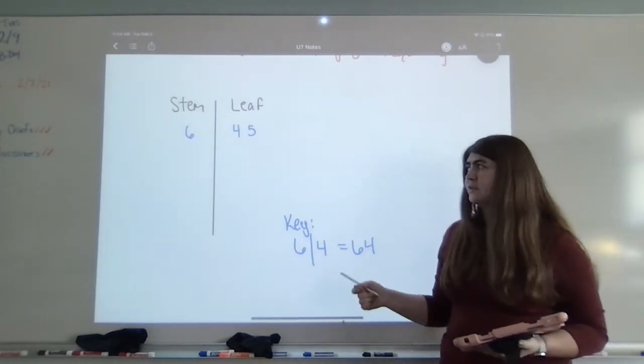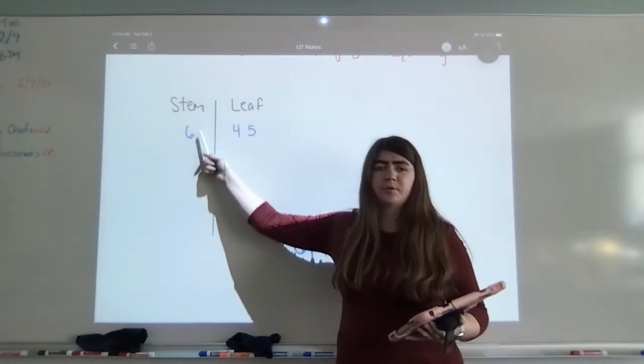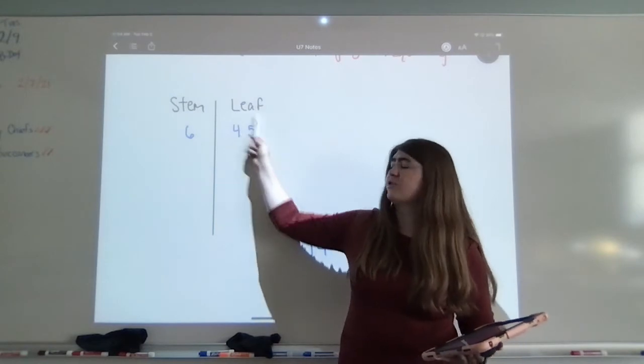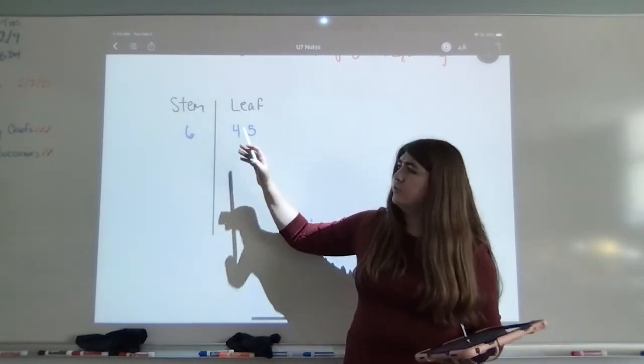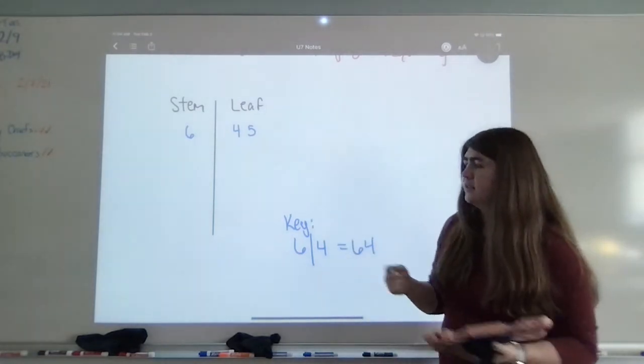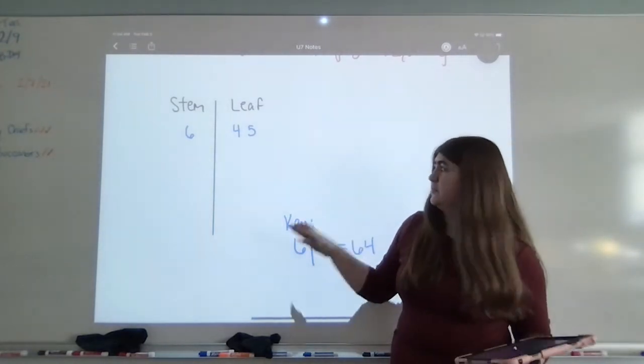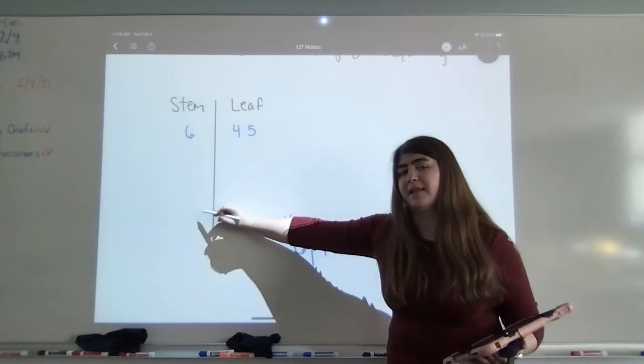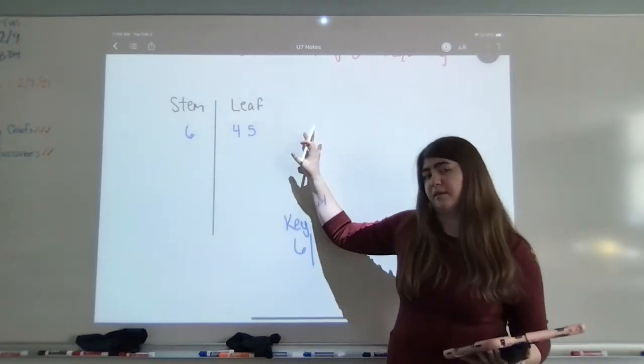That tells me that these are numbers from your tens place and these are numbers from your ones place. If you had something like 110, then since we're keeping this as the tens place, you would put 11 as your stem and your ones would still be in the leaf.